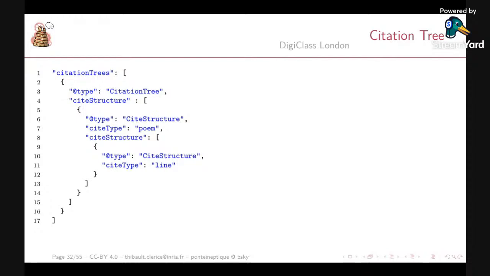You can have multiple systems in a citation structure. So, for example, you could have poem, line, and paragraphs if you have an introduction to your poems, for example, or date or signatures or something that is important in your data. You don't need to have only lines under your level.